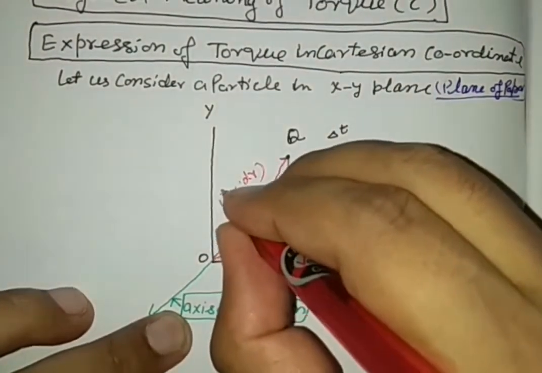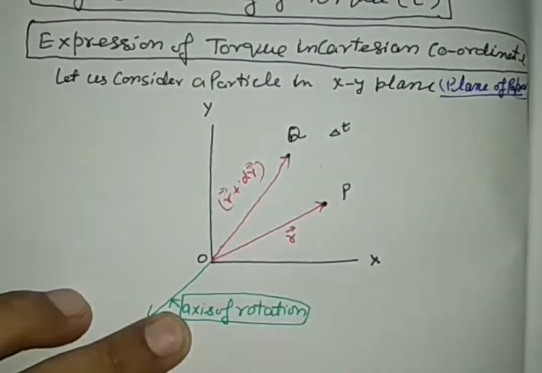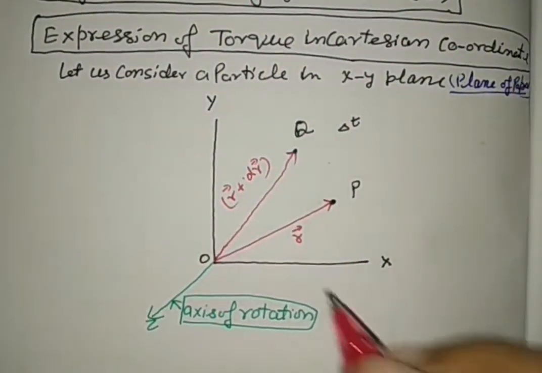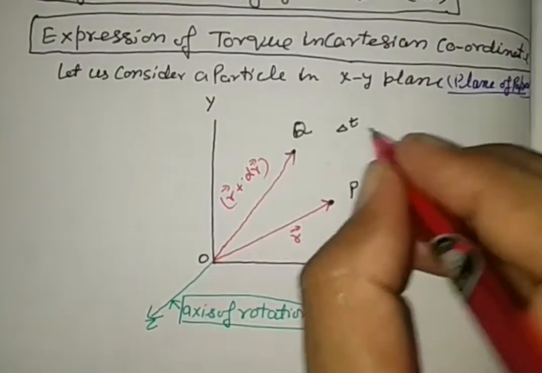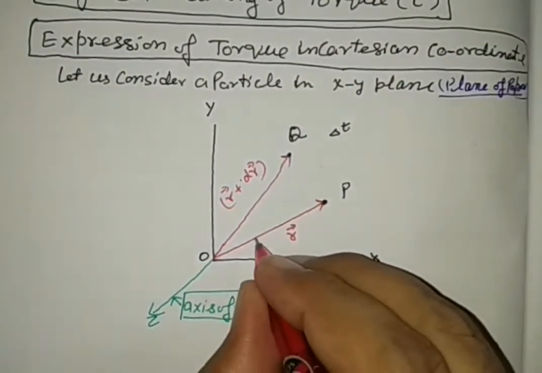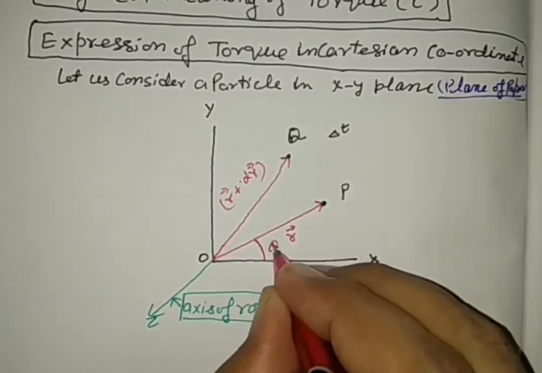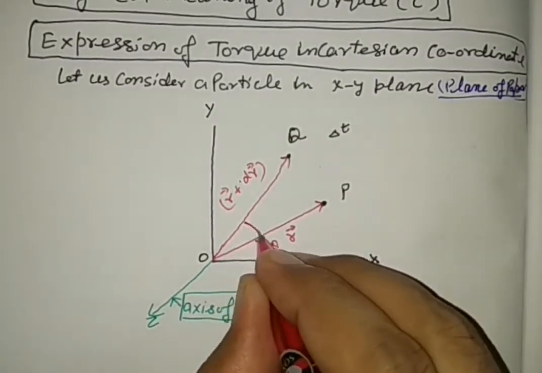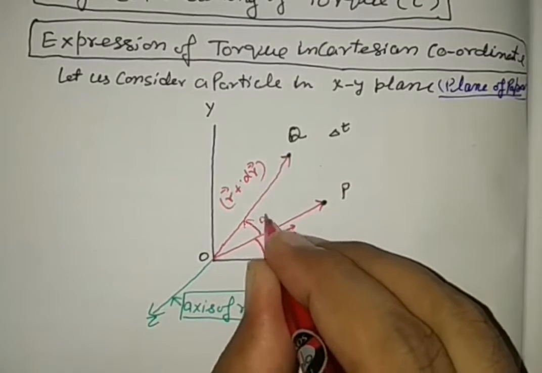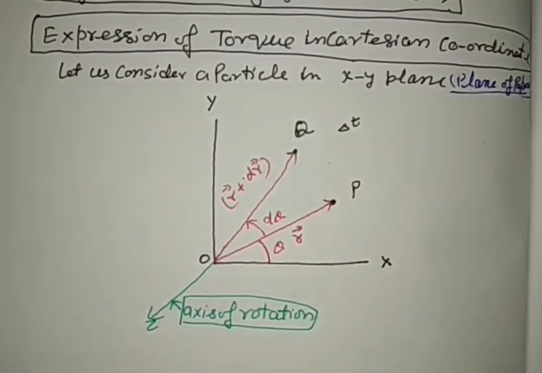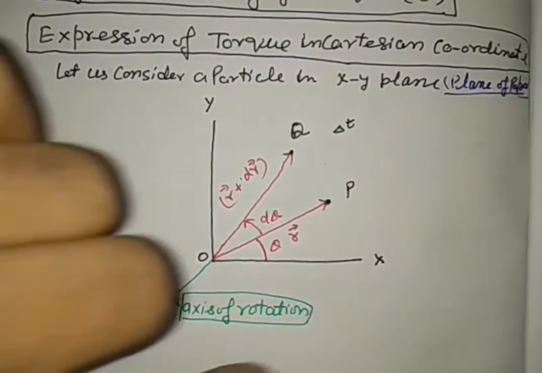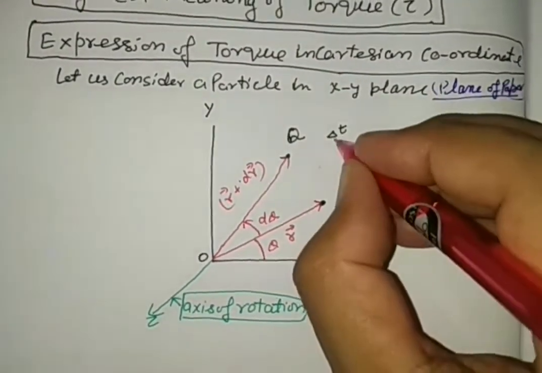This is vector r plus vector dr. It's clear? The angle is here, since it is rotating in anti-clockwise. Before the rotation it has angle theta, and this rotating angle, when it rotates, let it be d theta. Clear? So it moves in delta t time.